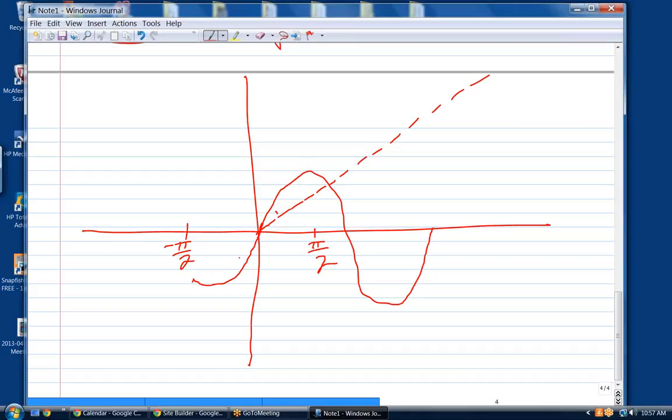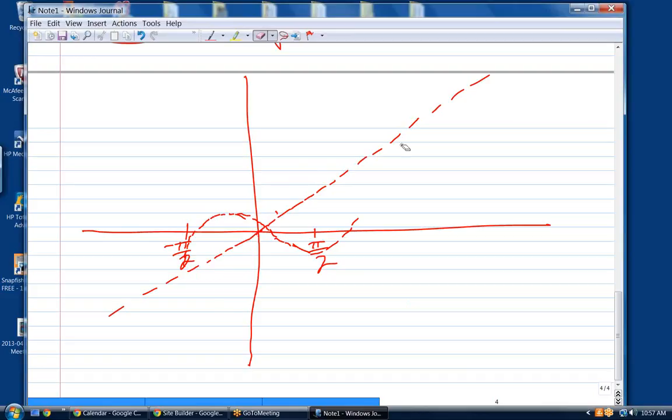So now, to see what the inverse looks like, I merely reflect the sine curve about that line, and it ends up looking like this. I'll try to draw it with a dotted line. Something like that. So the inverse function looks like that dotted line there.